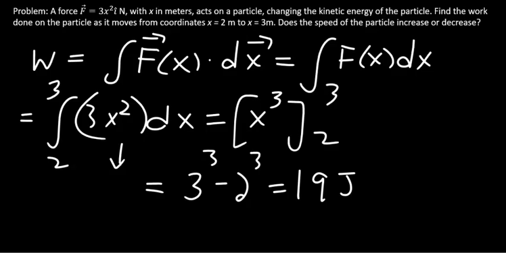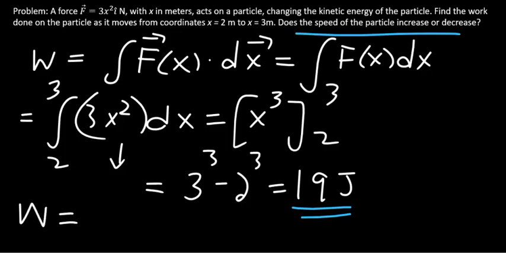So the work done, as you can see, is positive. What can you say about the change in the speed of the particle? Now we have to come back to the work-kinetic energy theorem. Since the work done is positive, namely 19 joules, the change in kinetic energy of the particle also is positive.